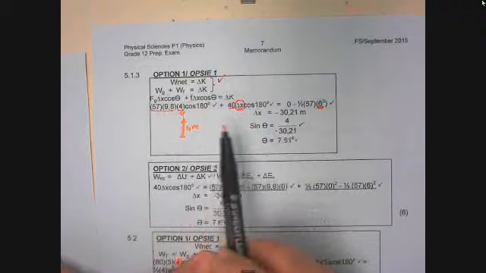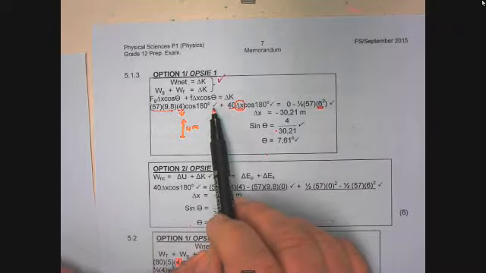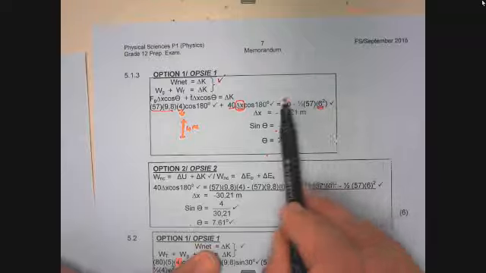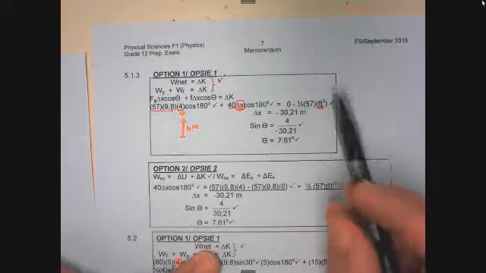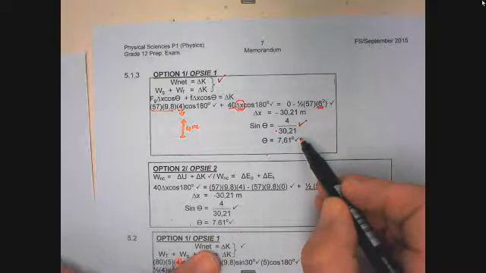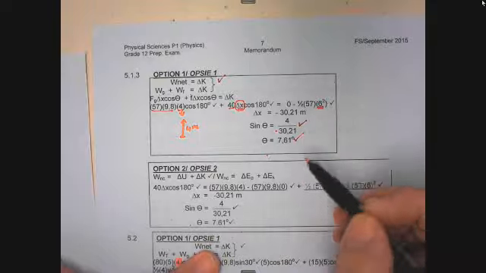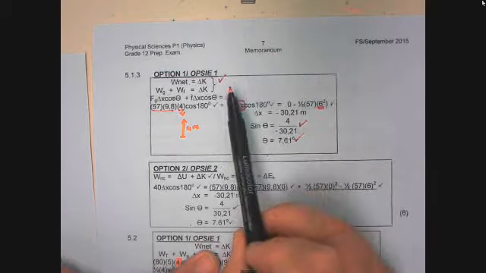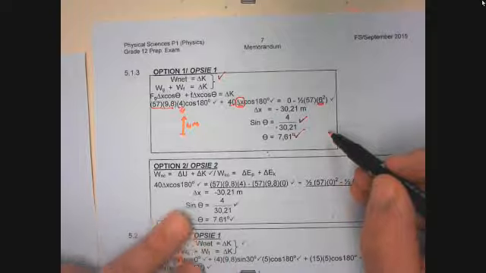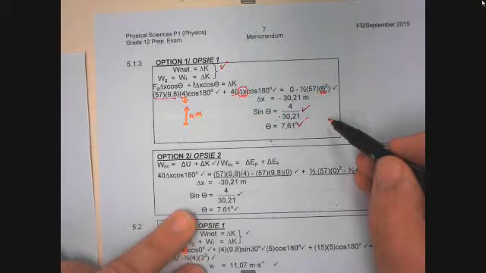So 1 mark for the formula, one of those two, and then 1 mark for the work done by the gravitational force, 1 mark for the work done by the frictional force, and 1 mark for calculating delta K, and then 1 mark for substituting the values to calculate the angle, and then 1 mark for the angle. So in total 6 marks for 5.1.3. Right, that is by means of W net equals delta K.